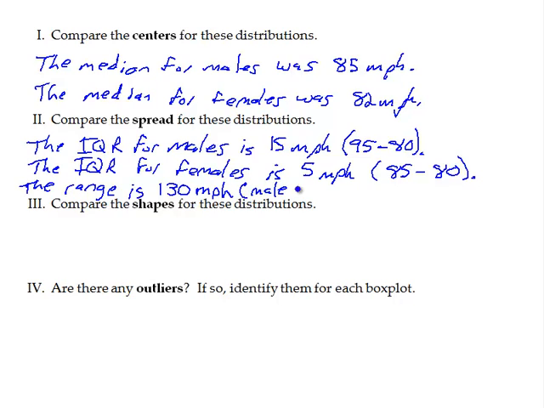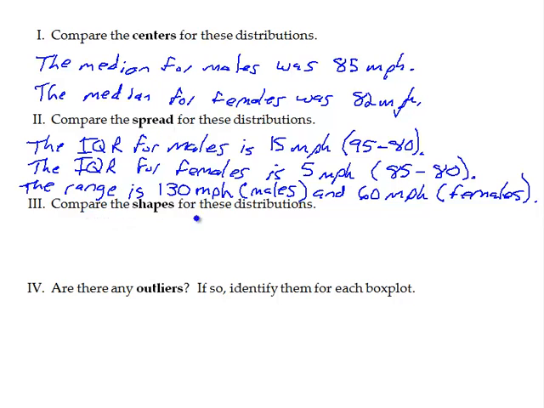Again, this is for males. And for females, it would be 100 minus 40, which would be 60 miles per hour. And that's for the females. So in both the IQR and the range, there's more spread to the male distribution than the female distribution.